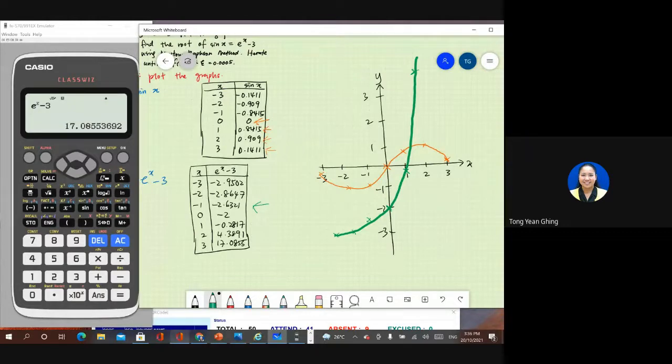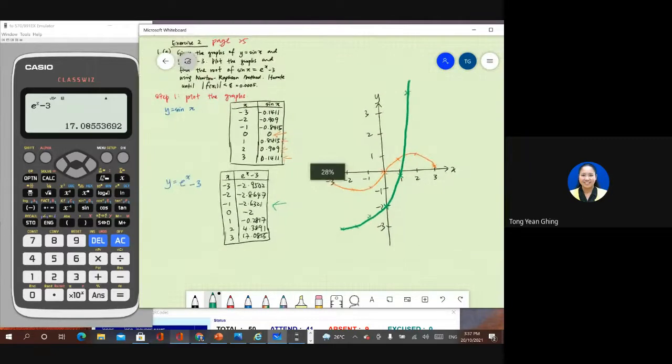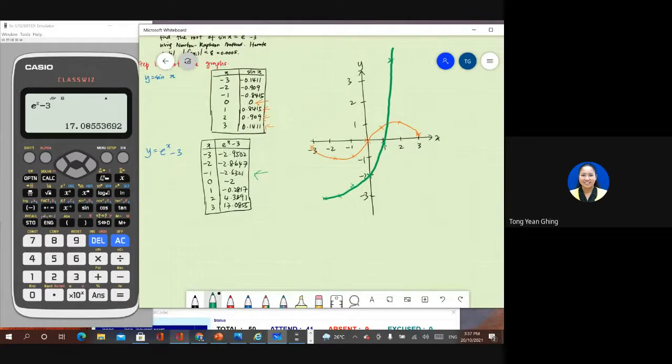So now we want to find the intercept. Can you follow the graph? Class okay? Okay, the steps for the graph are like what you learned last time. Now we want to find the intercept between these two graphs. It does not pass through the x-axis now. It is where these two graphs intersect. So this is the root that we want to find.